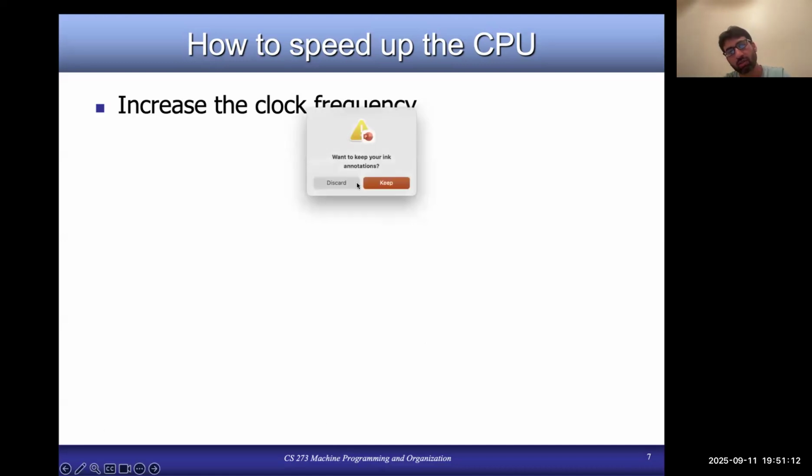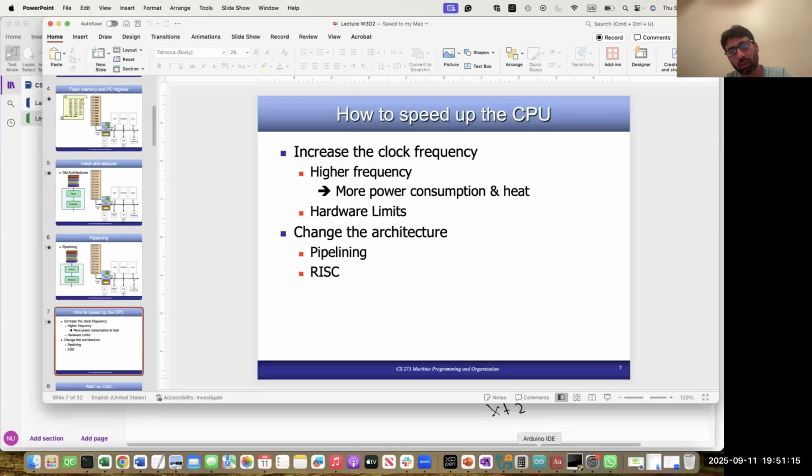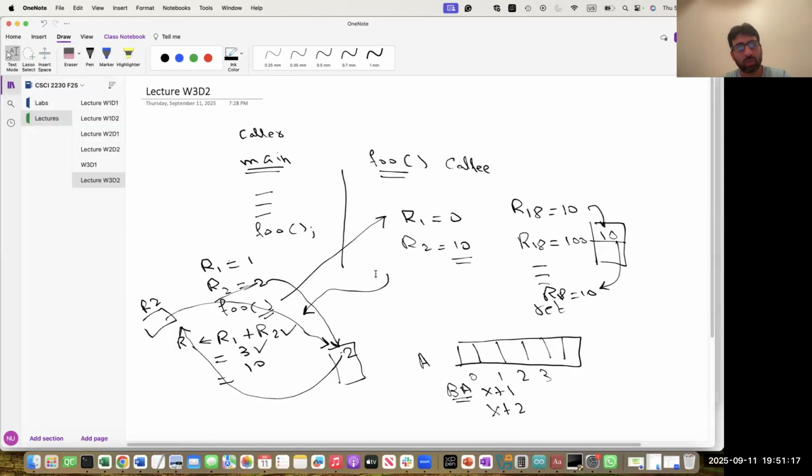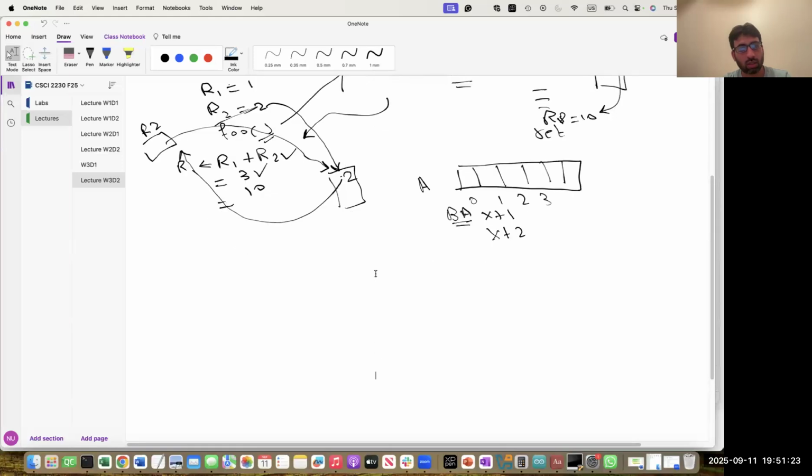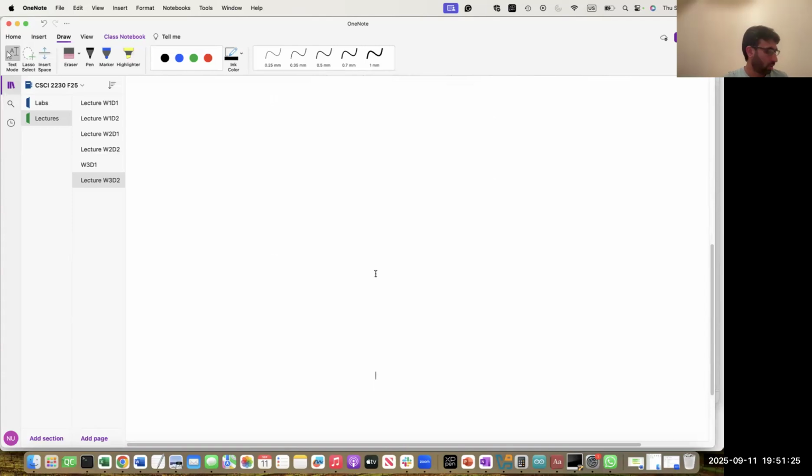Again, let me go back to OneNote. Suppose that I have time on the horizontal axis. So this is time, right?